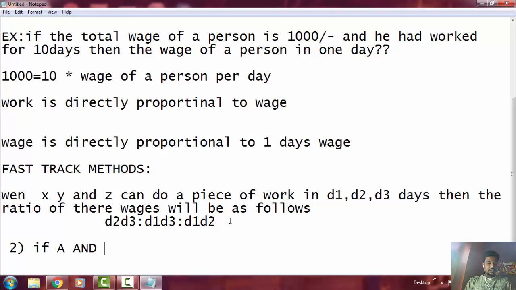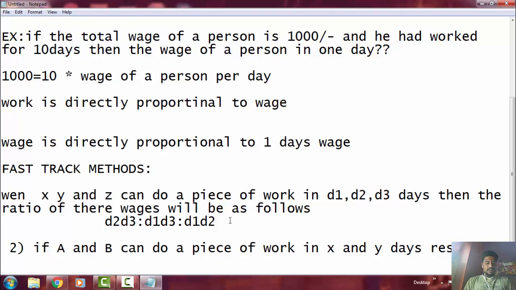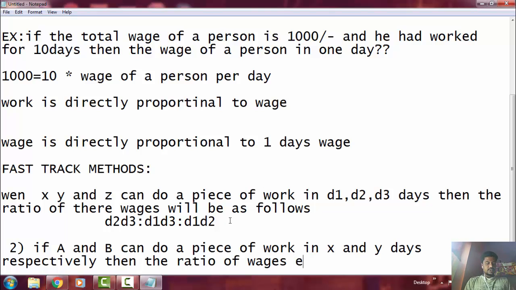If A and B can do a piece of work in X and Y days respectively, then the ratio of wages earned by them will be as follows.